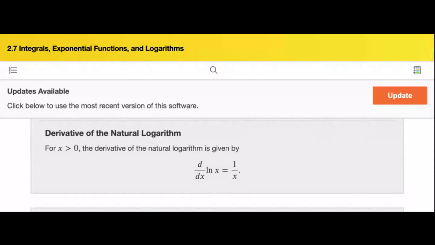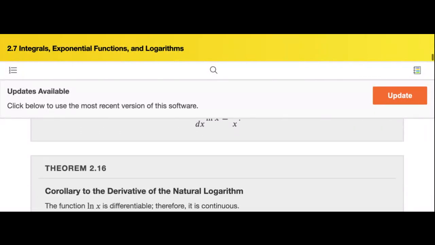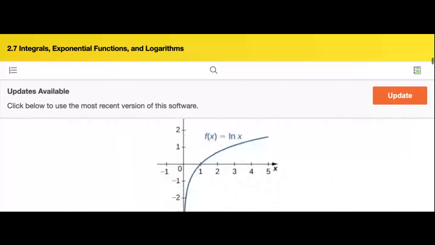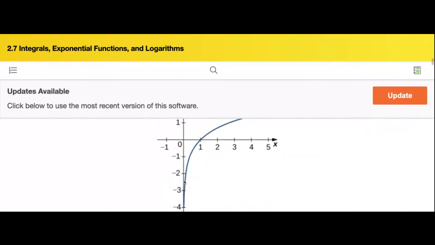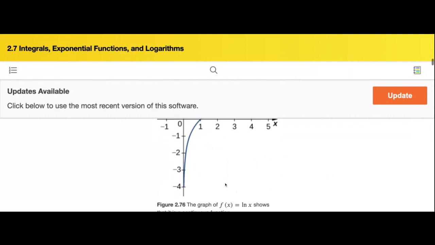Okay, the derivative of natural log is just, the derivative of ln x equals 1 over x. We remember this, right? This is the ln x graph. The domain is x has to be greater than 0.